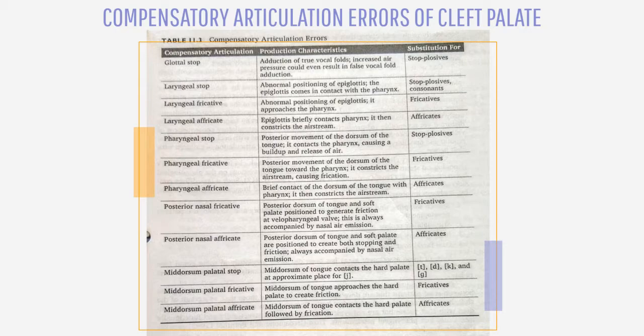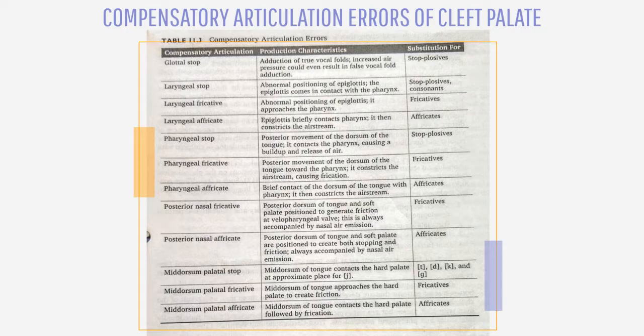So this is a table that is in our textbooks on page 359. I took a snapshot of this because I really thought this was a beneficial way to see a long list of substitutions that are common compensatory articulation errors for individuals who have cleft palate. If you look all the way on the right, that column talks about what they are substituting for. So perhaps they're looking at a stop or a plosive.